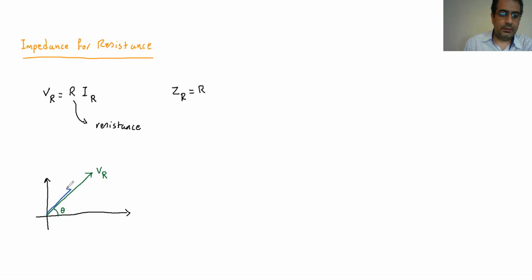This is the IR with the same angle of theta. So both of them have the same angle. So for pure resistance in AC current, we can say that the current and voltage are in phase.